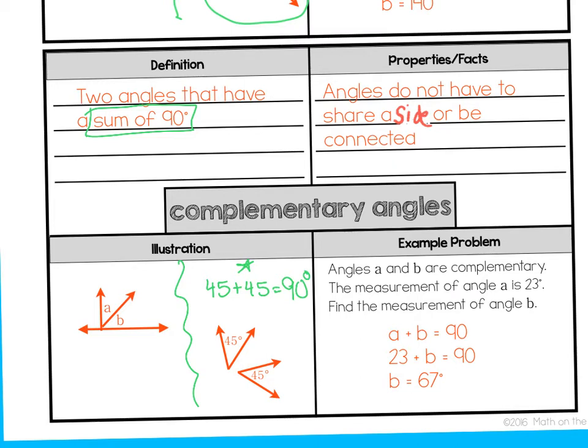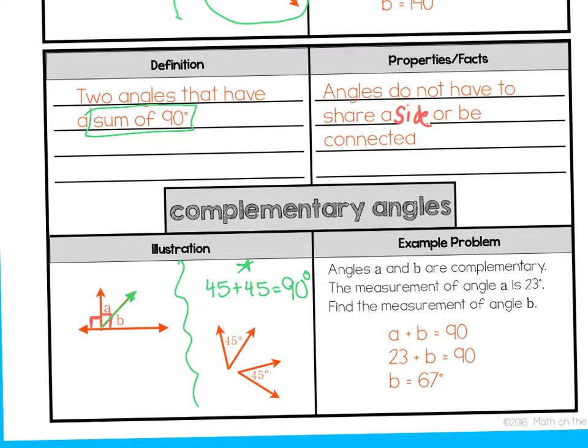Now, this right here, I would have to put this symbol here before you would know that these are complementary, to let you know that if this is 90, then these two are 90 as well, okay? Sometimes they'll be like the supplementary angle. You can have two angles that share a side, so they're sharing this side.